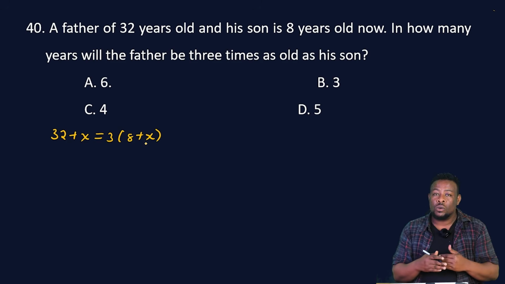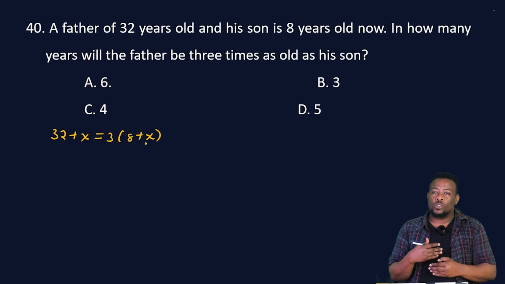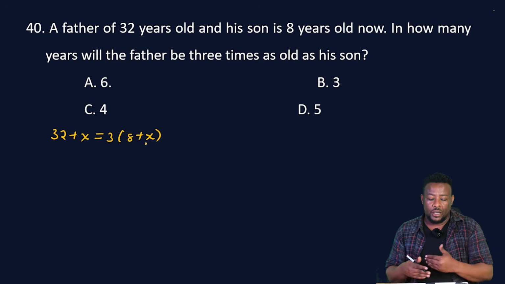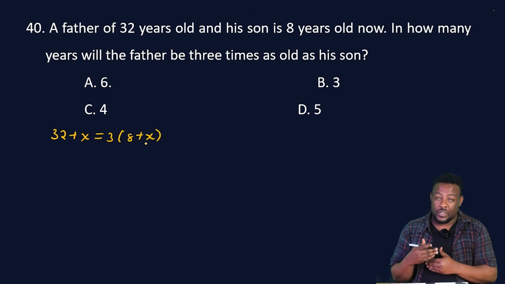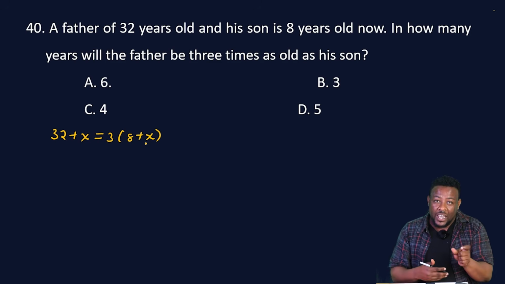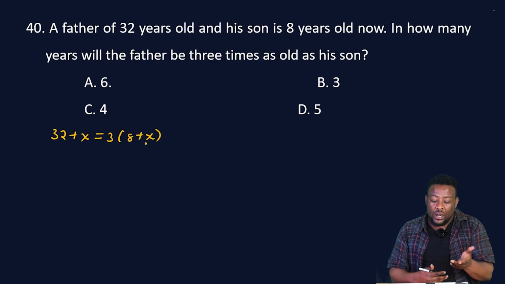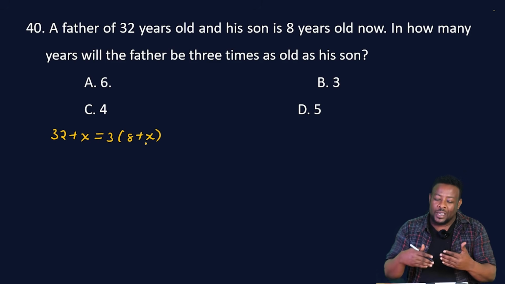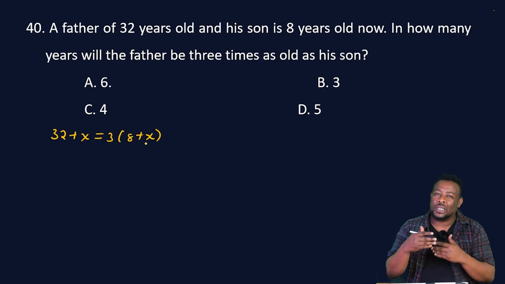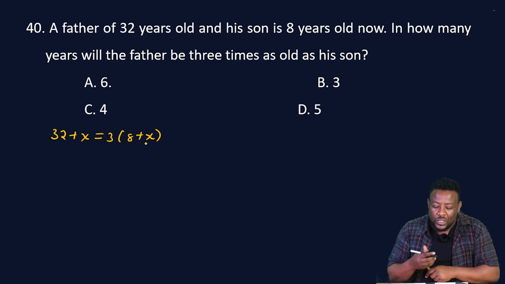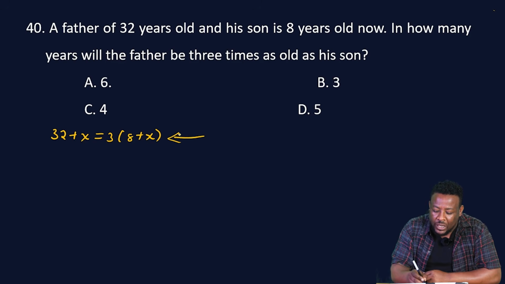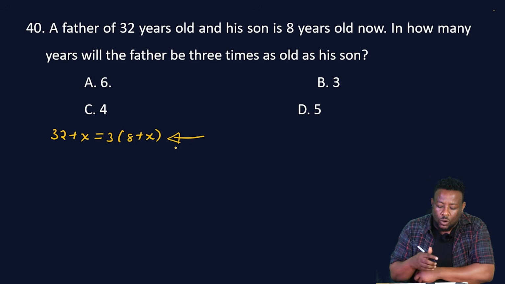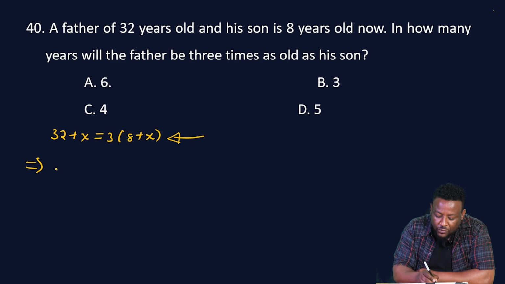Why do we do this? After x years, the age of his son will be 8 plus x and the age of his father will be 32 plus x. In that time, we are given the condition that the father's age is 3 times the son's age, so this is the equation that describes the given information.